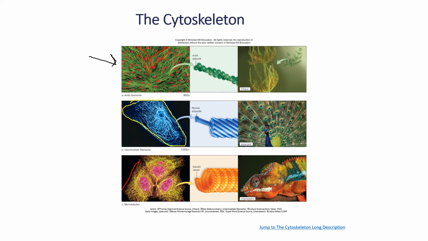And then there are three cells here. And the yellow stain is showing microtubules. And so they localize in different parts throughout the cell.